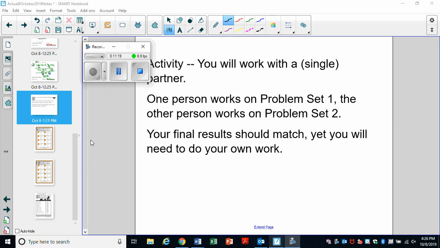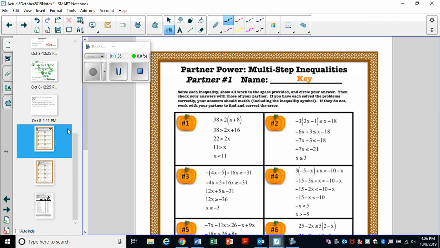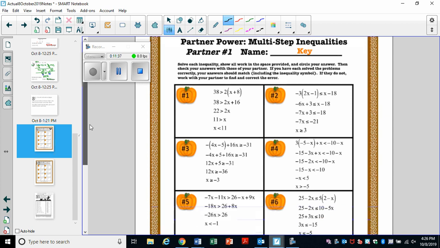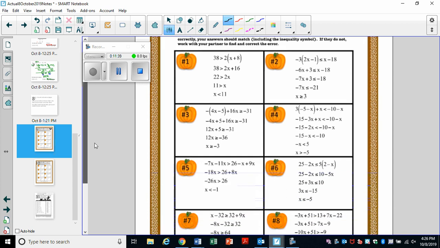Now I'm going to show you the results of the partner work. I will post this on Google Classroom as well. You will get your work back on Thursday, October 10th. You can use this as a guide to help you as you practice your inequalities problems.